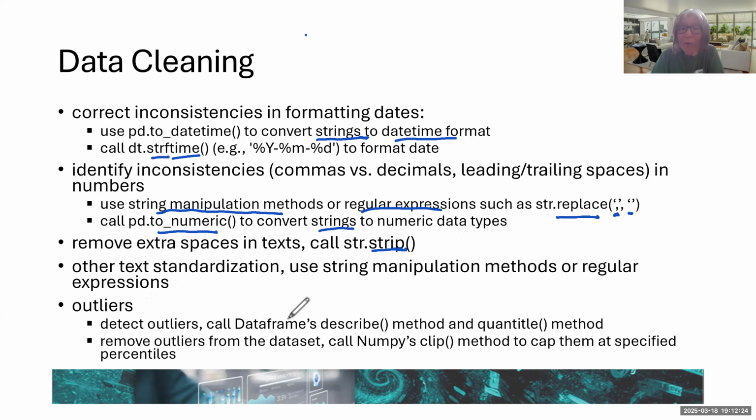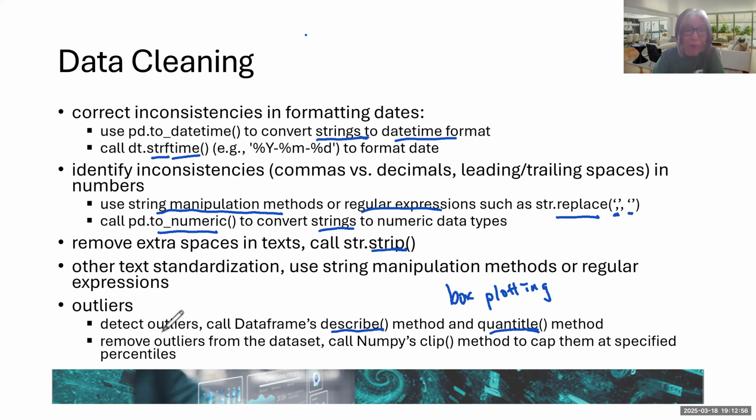Outliers. If you recall, in a data frame we have the describe method, which shows the minimum to maximum, and in between the 25 percent quantile, 50 percent quantile, and 75 percent quantile. We also covered that quantile concept in plotting for box plots, with the box and whisker, if you recall.